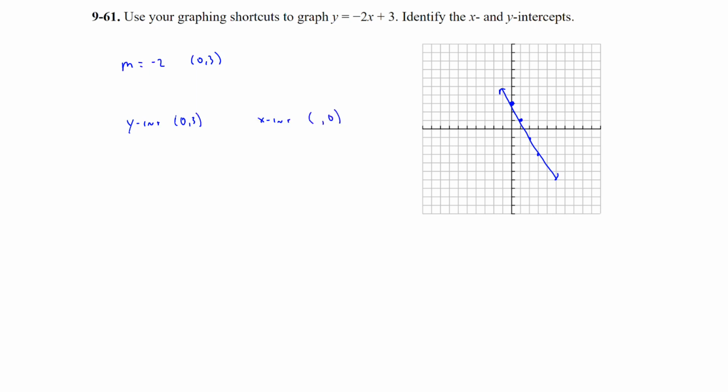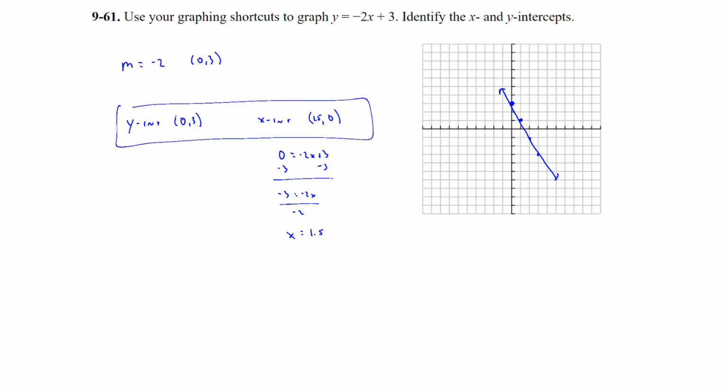So we can plug 0 in for y and solve for the x value. So negative 3 is equal to negative 2x, divided by negative 2, and x is equal to 1.5. And so my x-intercept is at (1.5, 0). So make sure you find the 2 intercepts and you also graph it.